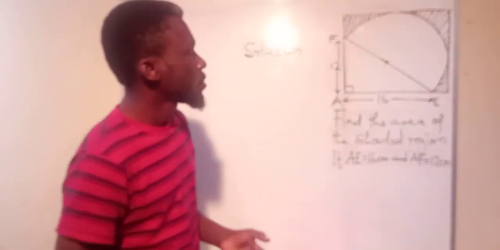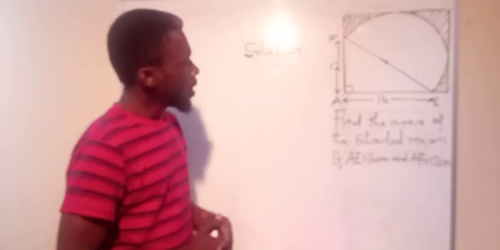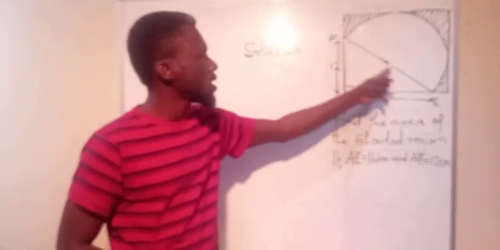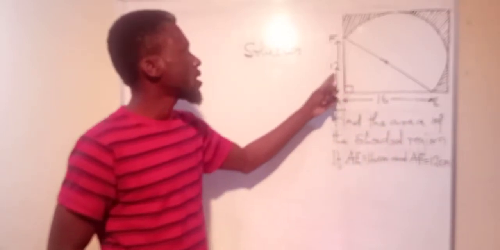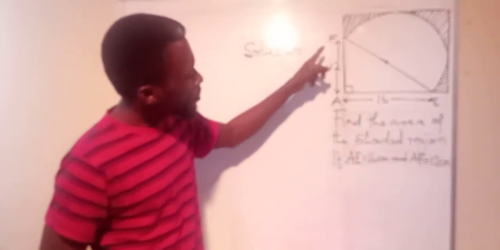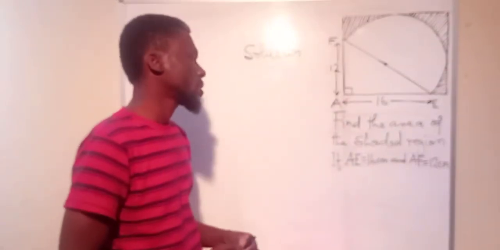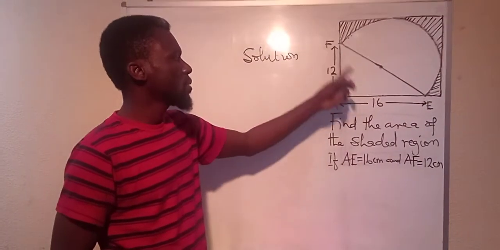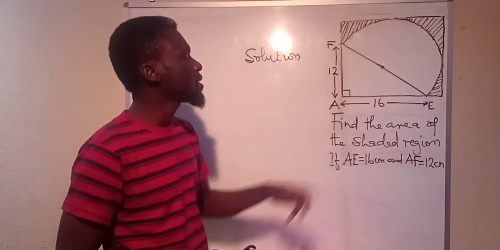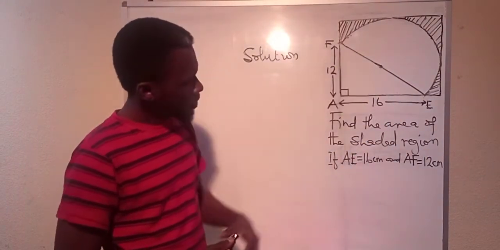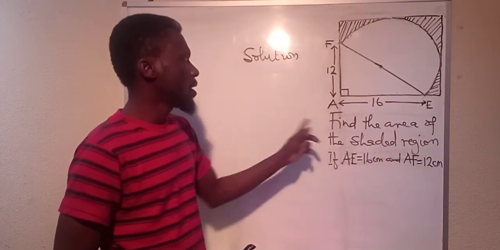All right. So now, to be able to find the area of the semicircle, we need to find the radius, or the diameter, of the semicircle. We need to find the hypotenuse of the triangle AEF.